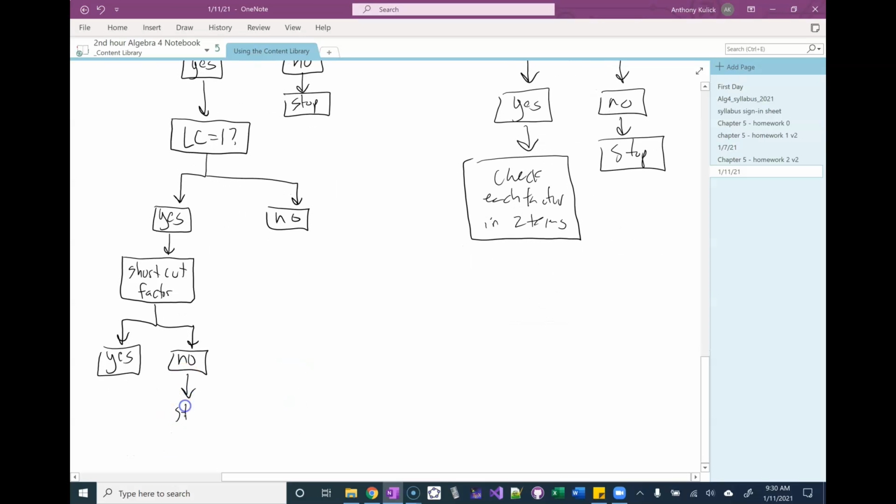If it is not possible, we're done. We don't have anything else we can try. If it is possible, then we'll do that shortcut factoring and then check each factor in the two terms branch.